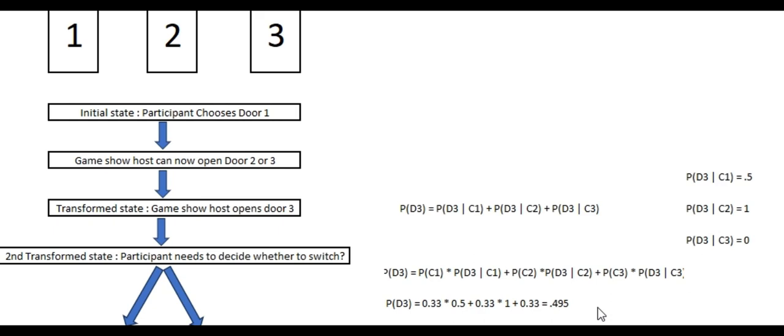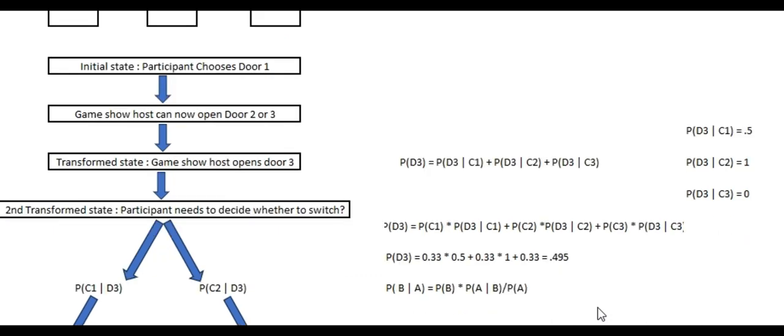Now, for us to establish whether the participant should switch or stick to their original option, we will have to calculate 2 conditional probabilities, and these 2 conditional probabilities are P of C1, which is the probability of finding a car behind door 1 given that the third door is opened by the game show host, and likewise the probability of finding a car behind door 2 given that the game show host has opened door 3.